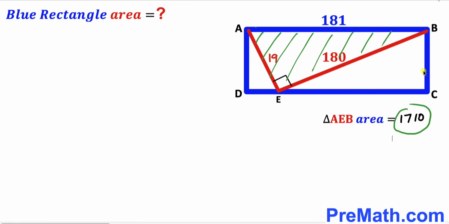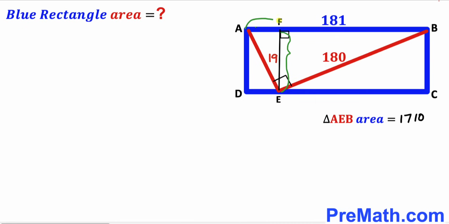So we figured out the area of this right triangle AEB as 1710 square units. In this next step, I have dropped this perpendicular EF onto this side AB. As a result, this right triangle AEB has been divided into two right triangles, AEF and BEF.